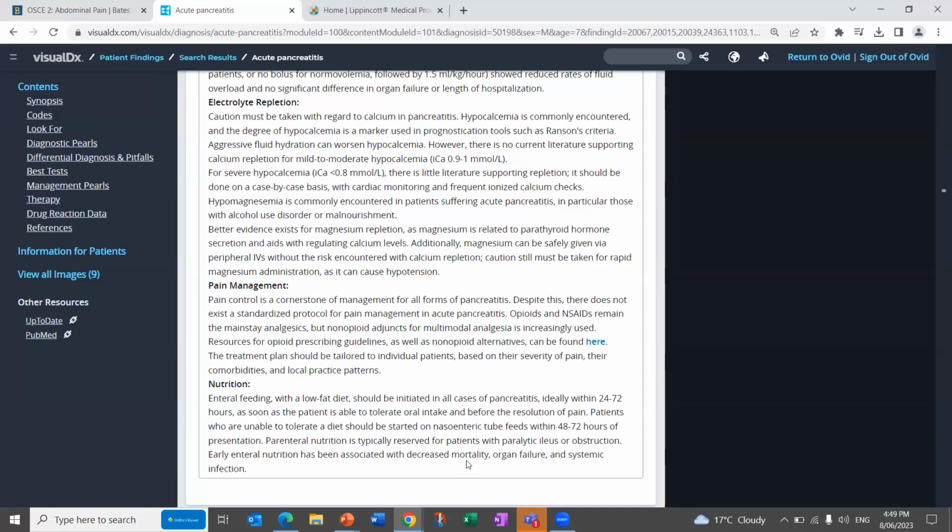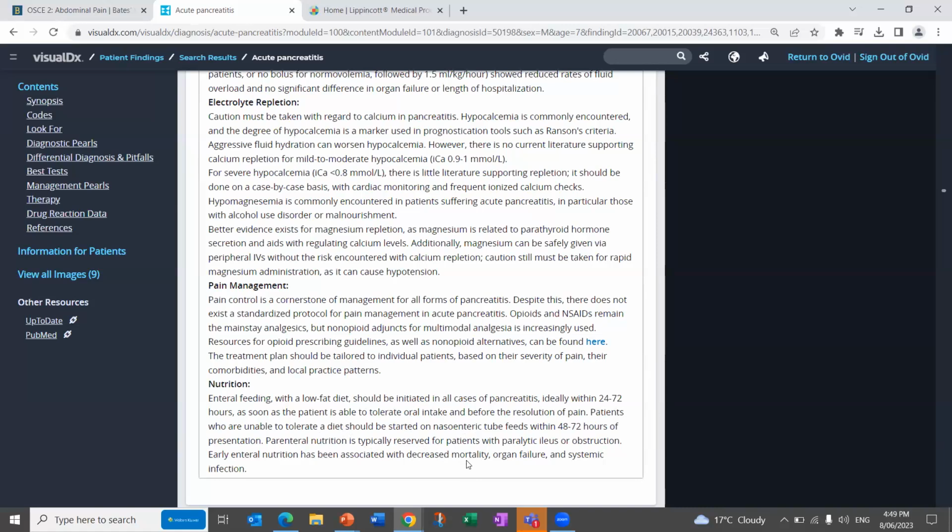It may be that there are obstructions. This may be the cause of the pancreatitis, where there may be other issues that we have not yet encountered or dealt with, that we need to encounter and deal with as a part of this problem.